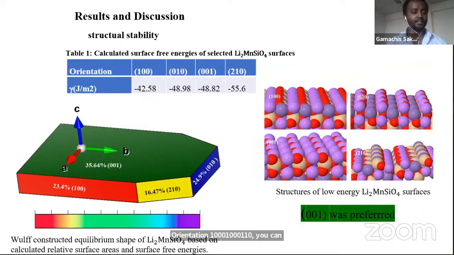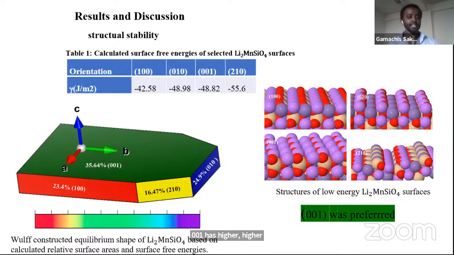You can see very clearly that the surface energy of the material is almost fine, but we prefer the 001 surface because, as you can see from the Wulff constructed equilibrium shape, 001 has higher coverage.